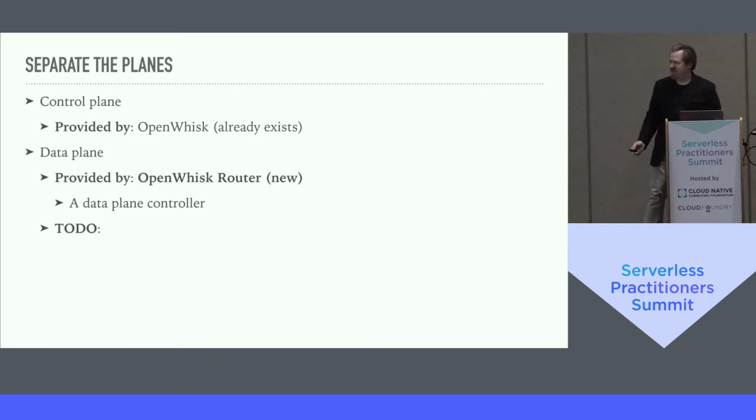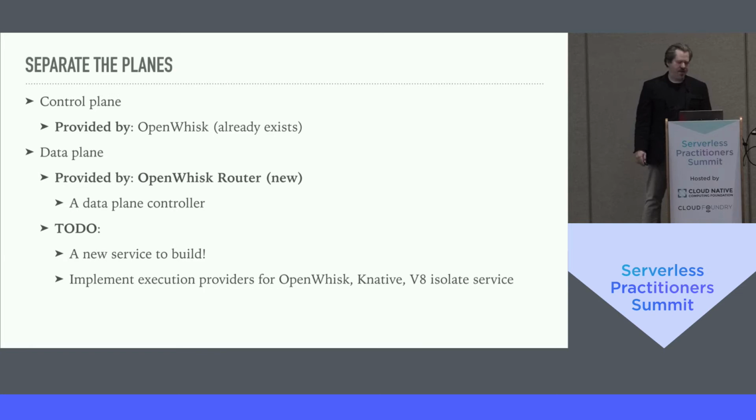And what do we need to do to get there? Well, this is a brand new component, so we are working on building that. We're also building execution providers for different types of solutions. OpenWhisk, Knative and V8 isolates are the primary cases that we're targeting right now.